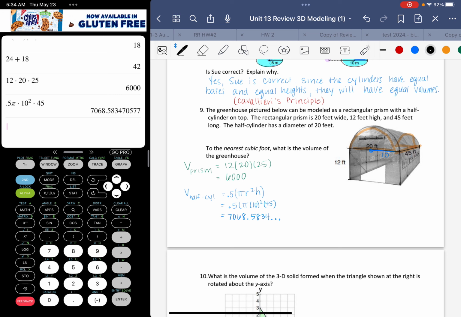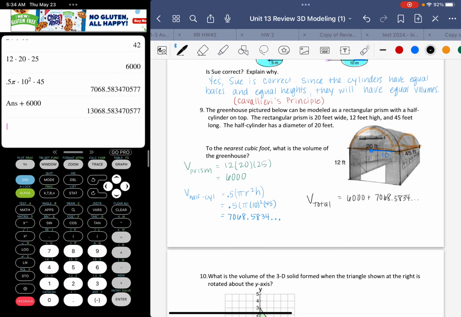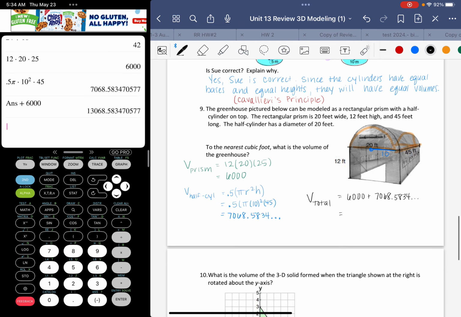So now for the total volume, I'm going to be adding these two numbers together. But remember, in the calculator, I'm going to use the full decimal. So the decimal's already in there, so I can just hit plus 6,000, so it used everything. And I get 13,068.58.